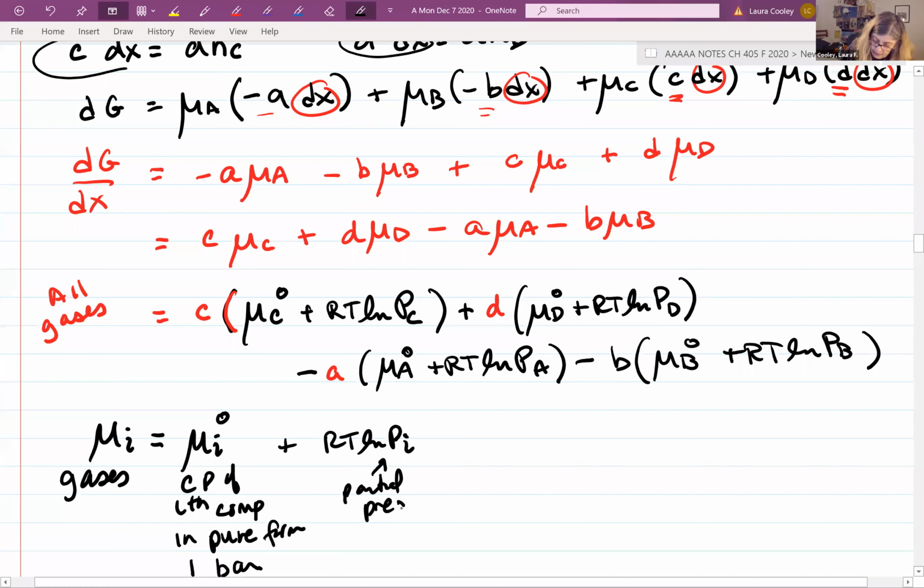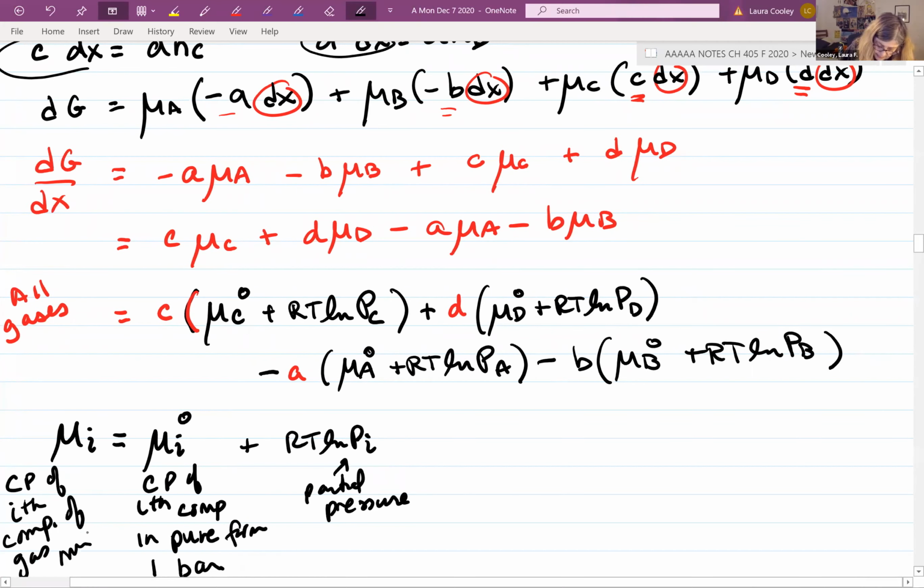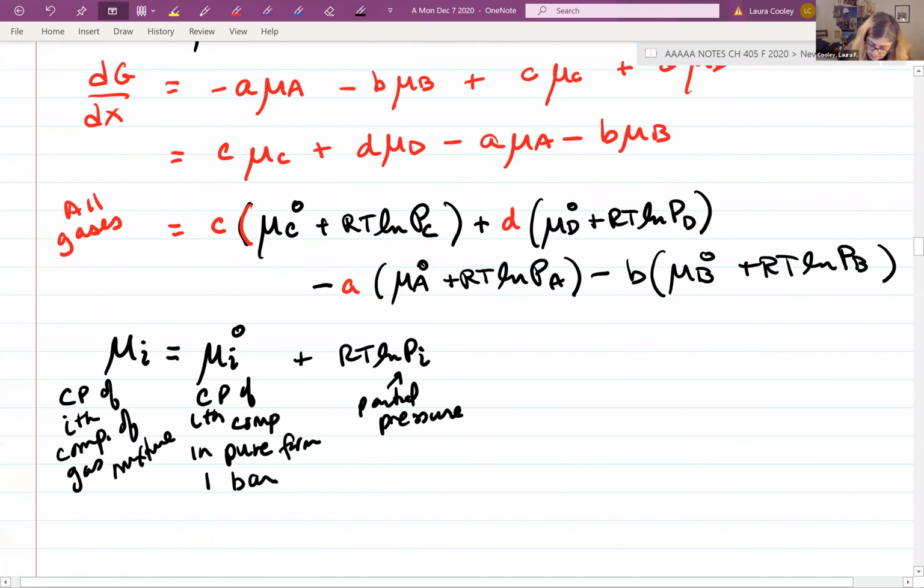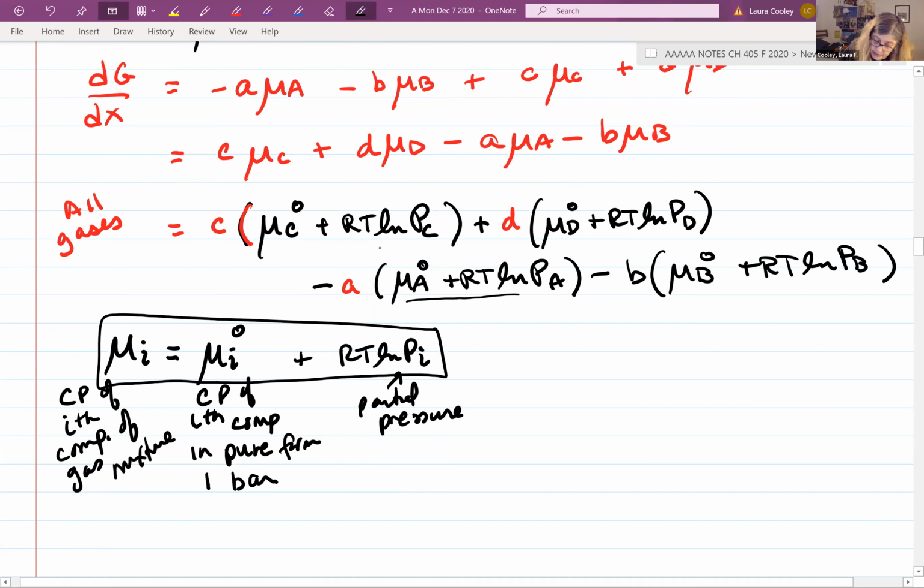So now we're talking about a mixture, the ith component of a gas mixture. And this is what I've plugged in for every one of these.